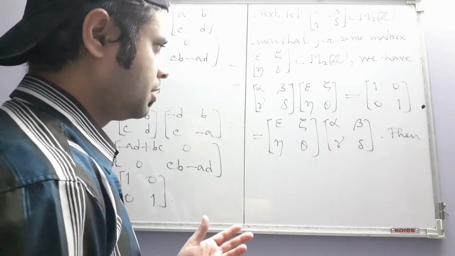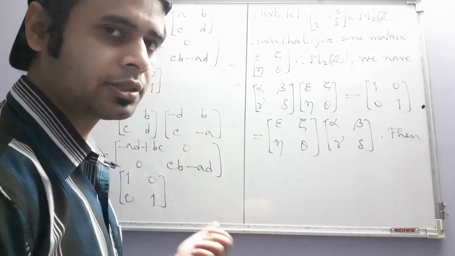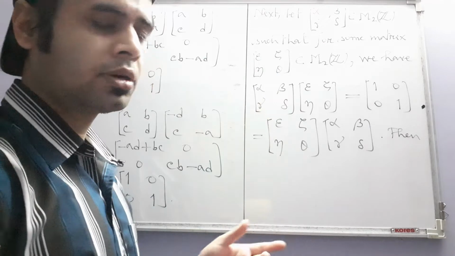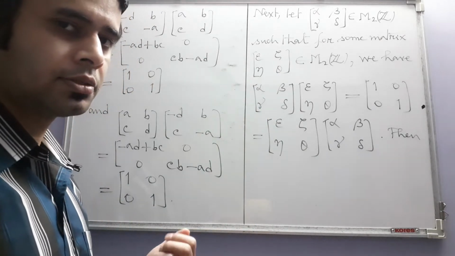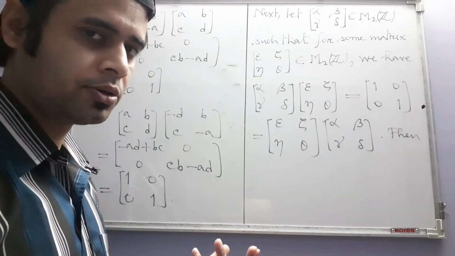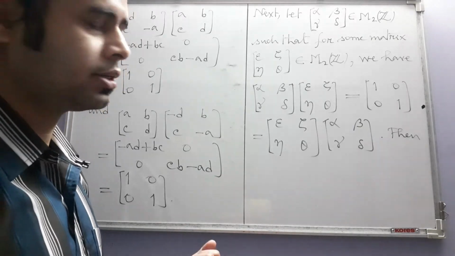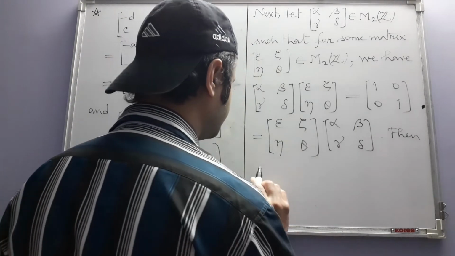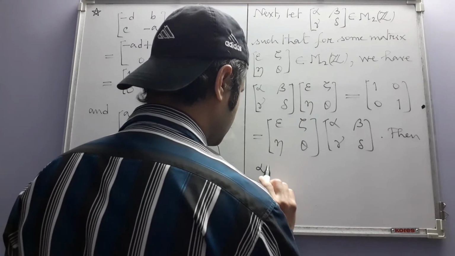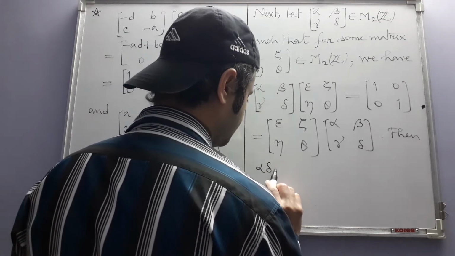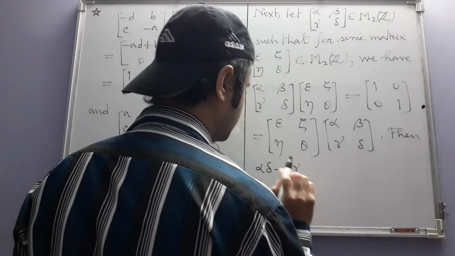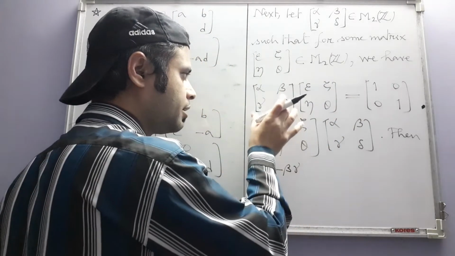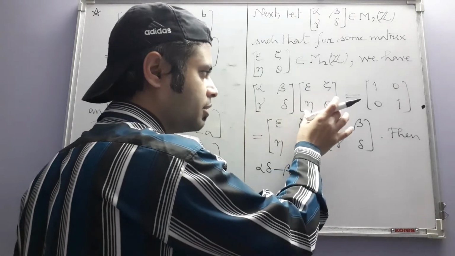Now we know from elementary matrix theory that the determinant of the product of two square matrices is equal to the product of their individual determinants. So using that, we can write alpha delta minus beta gamma. So the determinant of this left hand side will be equal to the determinant of this times the determinant of this.